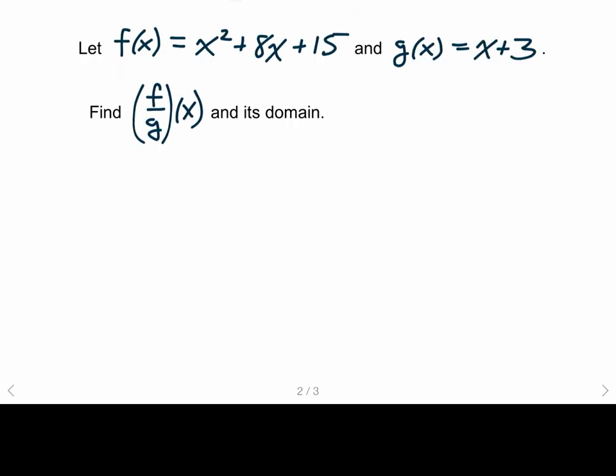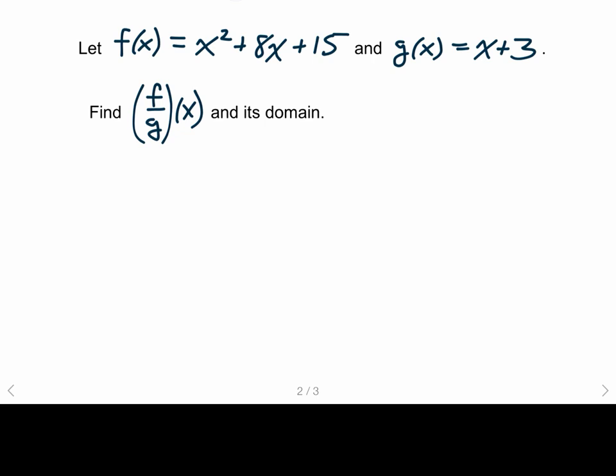Next, we're given another pair of functions. f of x is equal to x squared plus 8x plus 15, and g of x is equal to x plus 3. We're asked to find (f/g) of x and its domain.